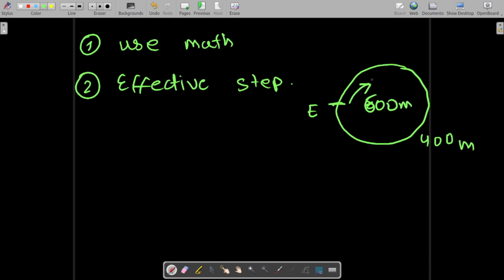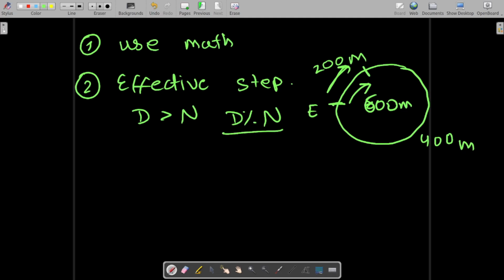If your friend is intelligent enough, he can simply figure out that you will be at a distance of 200 meters in this direction from the starting point. This is exactly what I mean by the effective step. In case our displacement is greater than n, we will be exactly moving d modulo n. Even if d is less than n, we can simply apply this to be safe. So d modulo n will be our effective step in this case.